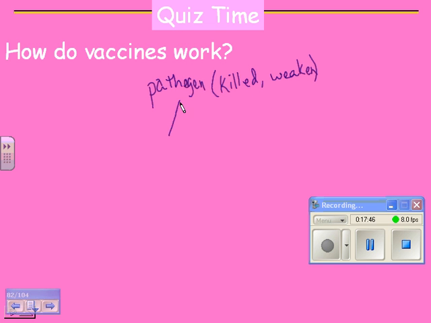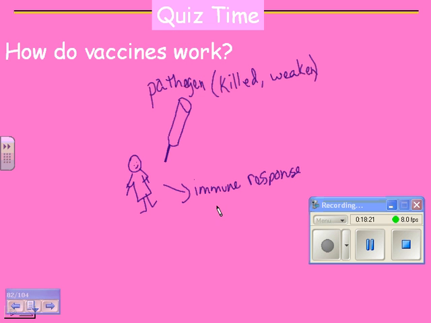You do a little bit more than this, but basically what you're doing is taking the killed or weakened pathogen, putting it in a vaccine and injecting it into somebody. What could go wrong? Okay, so when you inject that into someone, what the person's getting are dead or weakened pathogens, but the body doesn't know they're weakened, so the body does an immune response against that pathogen.